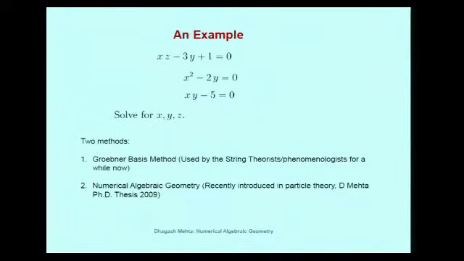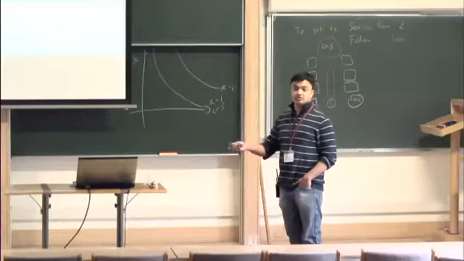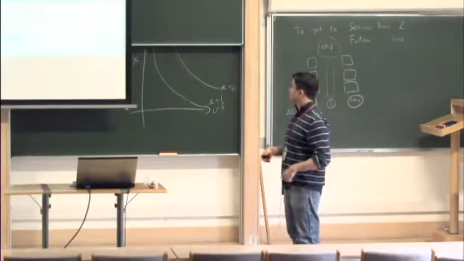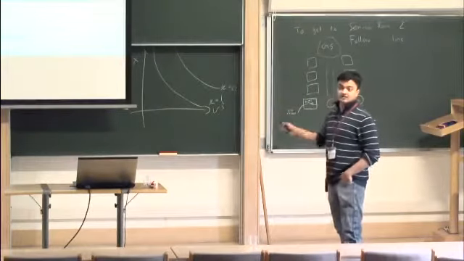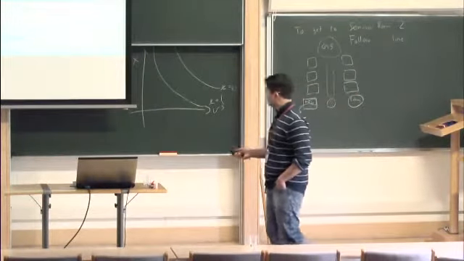The other method is called the numerical algebraic geometry method, which was developed very recently, in 2005 and 2006. I somehow introduced this to lattice field theories, and it turned out that I was the first one who introduced it in the whole of particle theory, although I should have been the last one to be working on algebraic geometry methods.